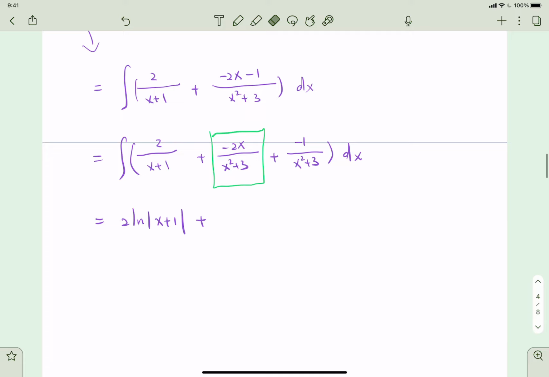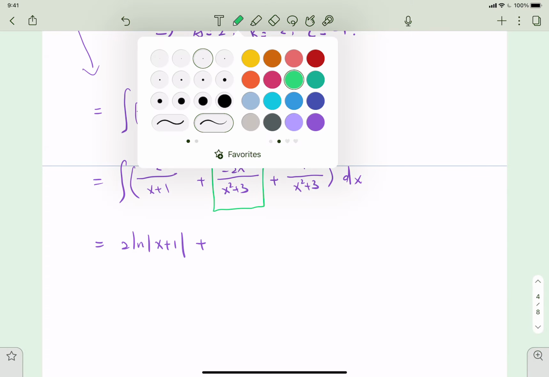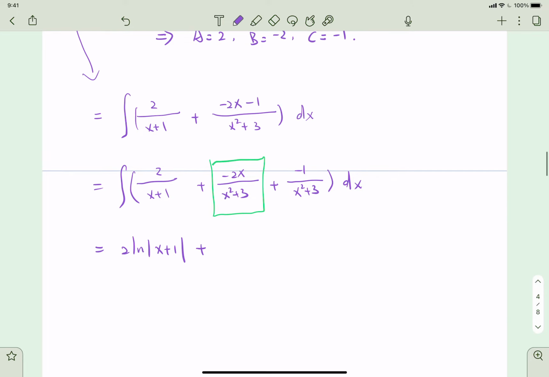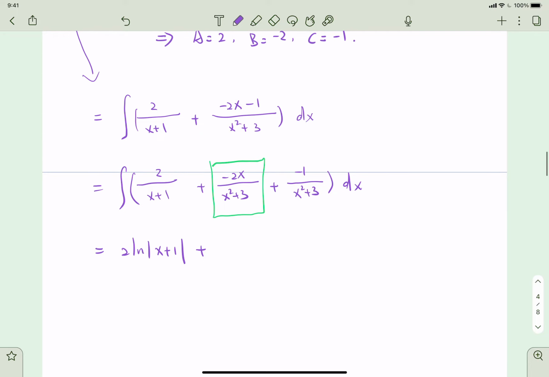It's the exact same integral. So this becomes negative 1 times, maybe just change the sign here, negative ln of x squared plus 3, right?